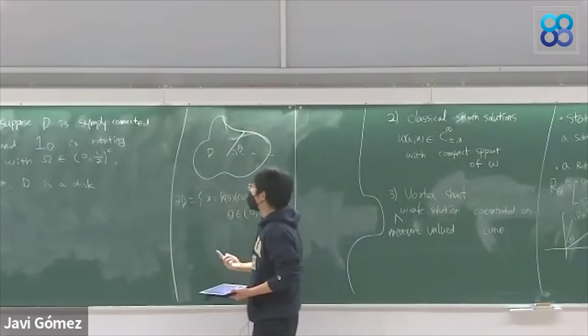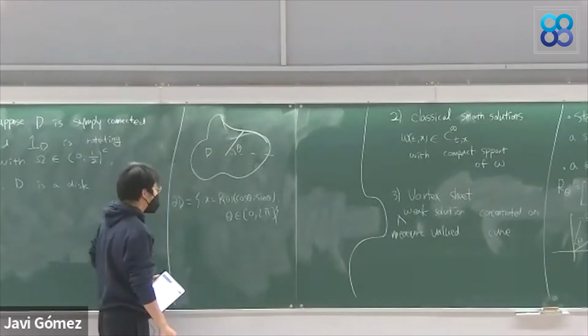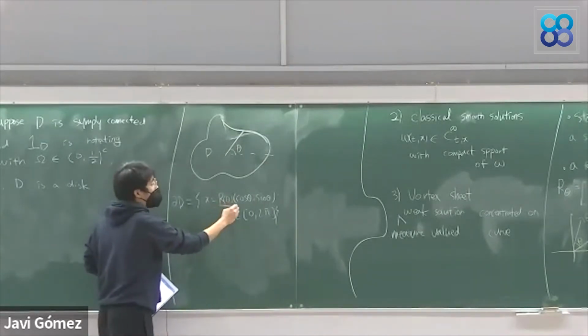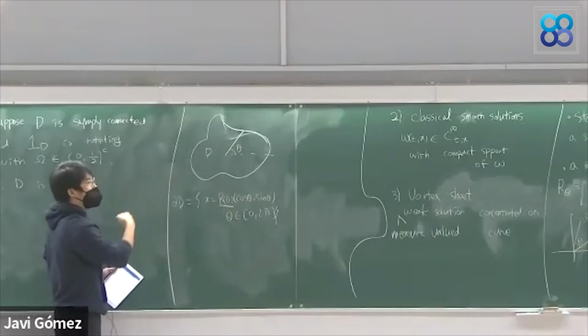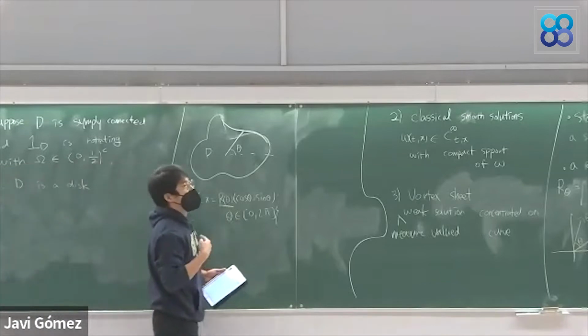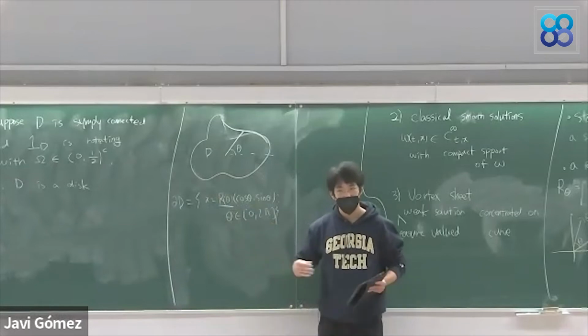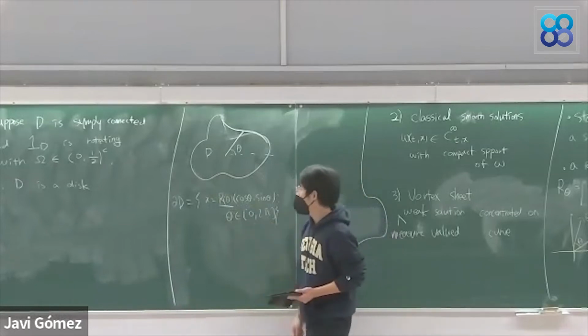Then we already know that if this r is constant, then this star-shaped domain corresponds to a disk, which is a rotating solution. But the question is whether one can find a solution for which this r is not just constant, but varies in theta, right?